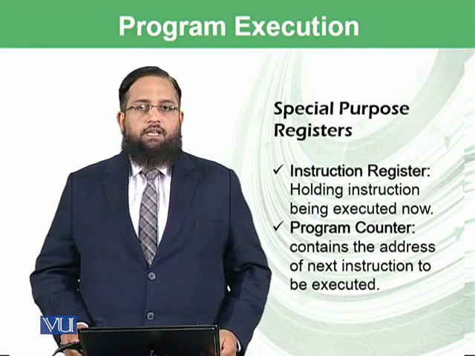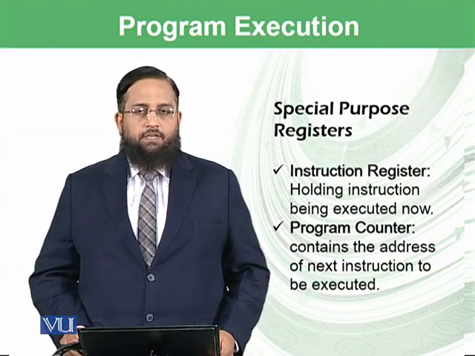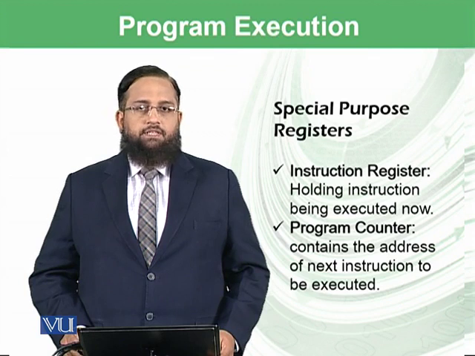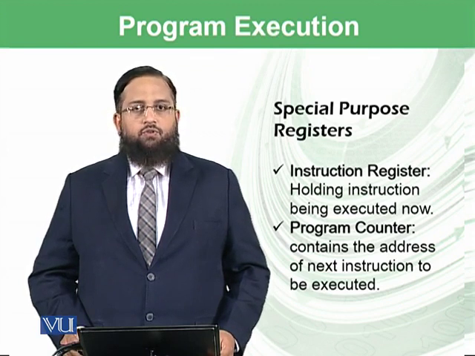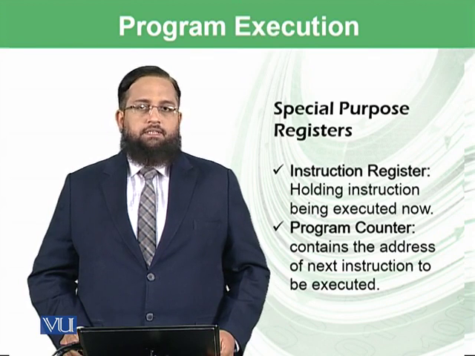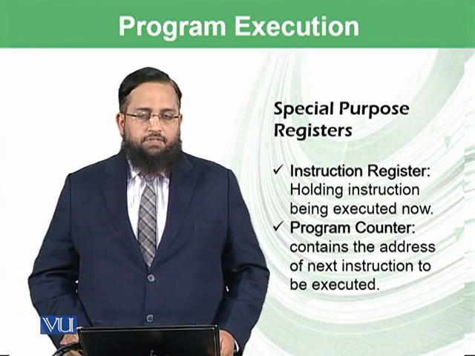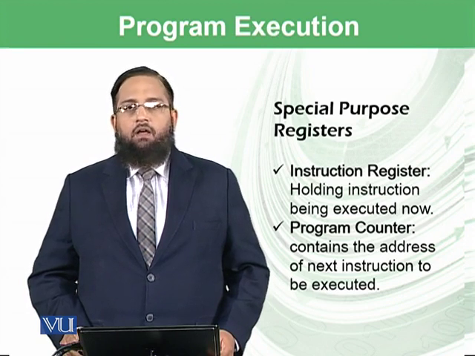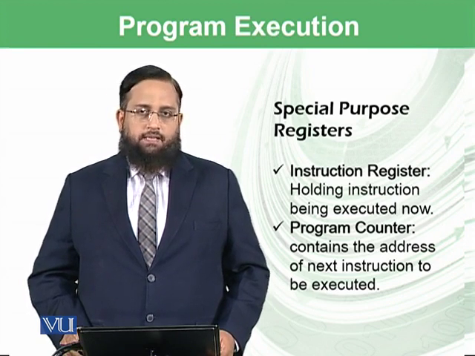For supporting such a program execution, there are two special purpose registers available in the CPU. You might remember when we discussed registers, we only talked about general purpose registers which hold the data of different things.